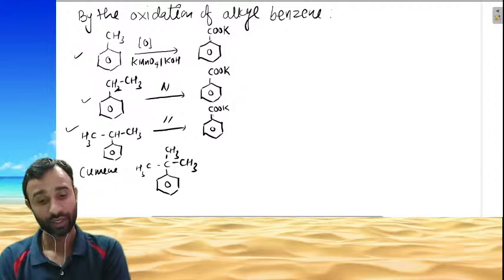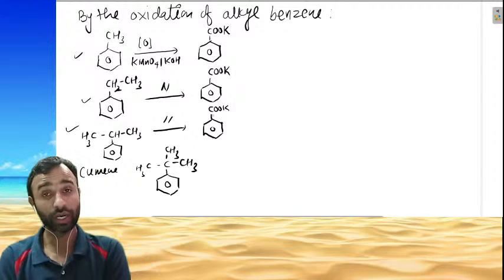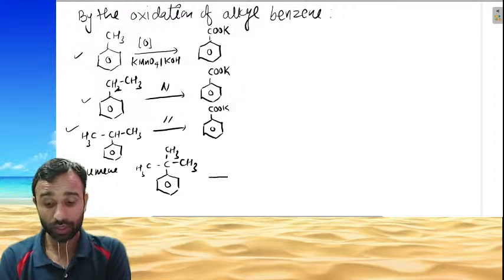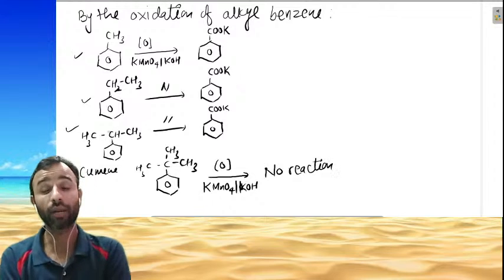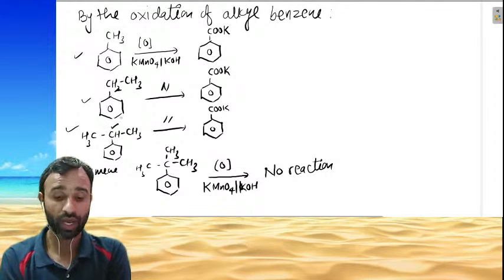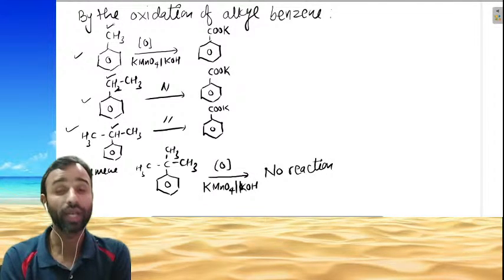ठीक है। अब इसकी कंडीशन क्या है, दैट कार्बन जो है, देखो कि जो बेंजाइलिक कार्बन है दैट शुड हैव at least one hydrogen.